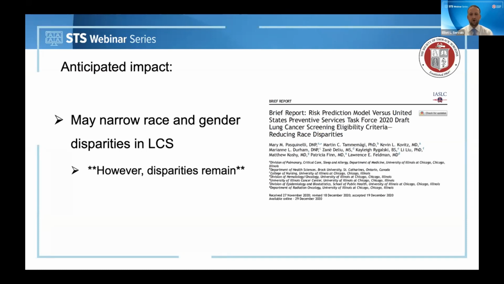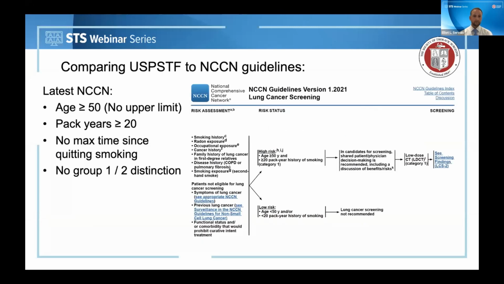What we know is that African-American patients, for example, tend to have a lower pack year smoking history and may get lung cancer at a younger age. Therefore, the previous guidelines had a disparity in terms of not having these patients be eligible for screening. We hope that the new guidelines will narrow this, but I want to be very clear that there are many issues that still lead to significant disparities that you've heard about previously in this webinar.